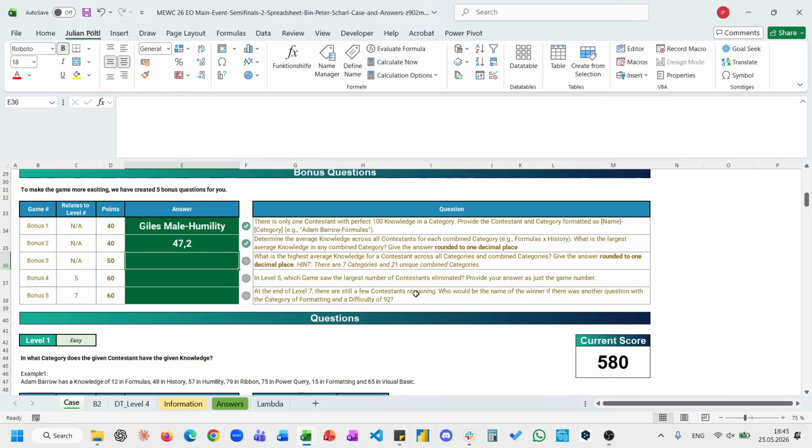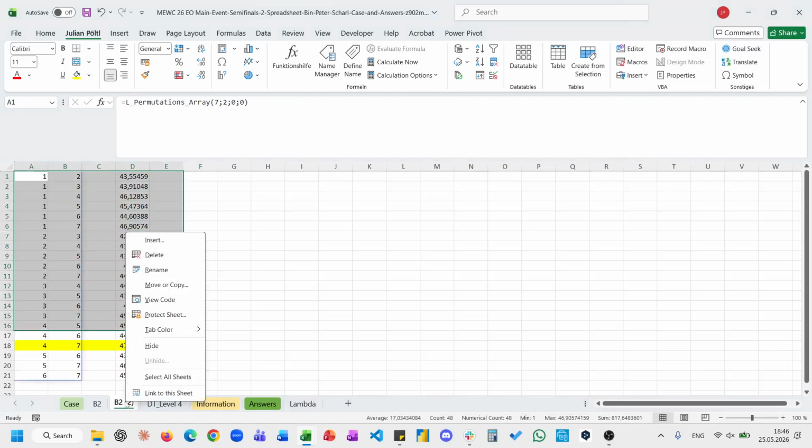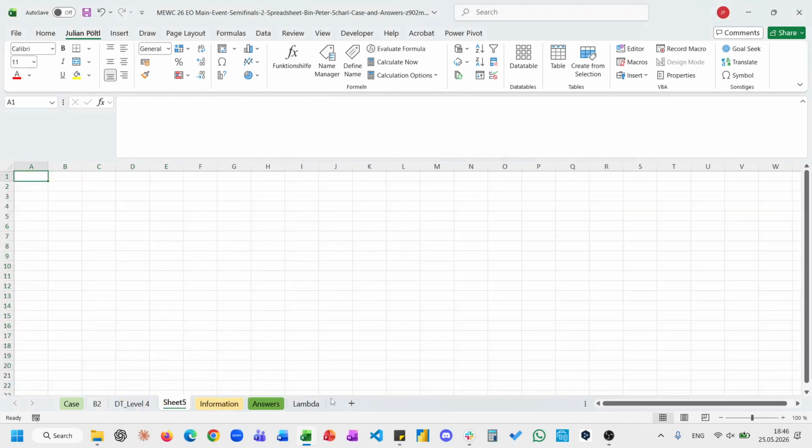What is the highest average knowledge for a contestant across all categories and combined categories? 7 categories. So what we can do here is, okay, I should not have copied this.